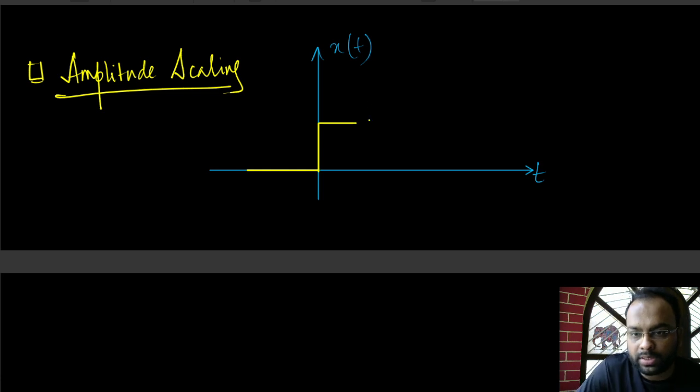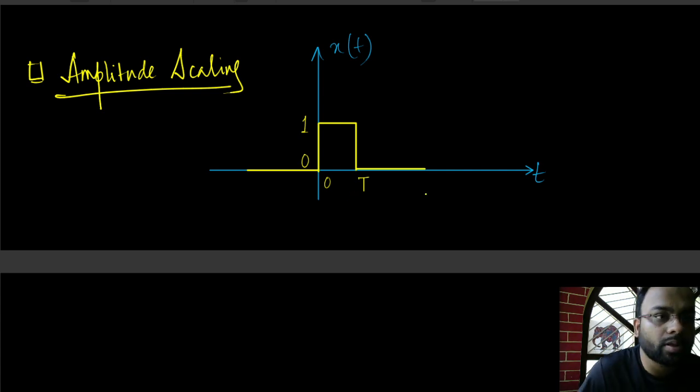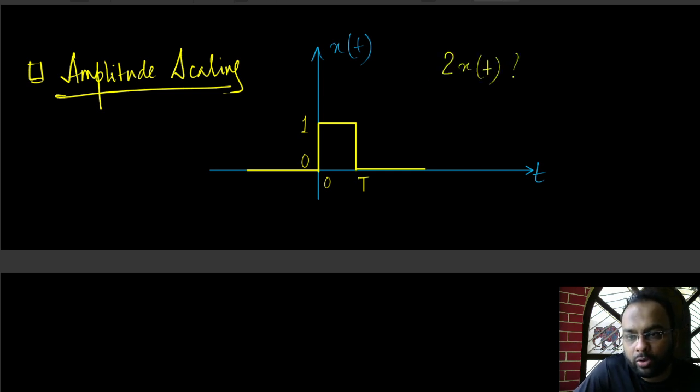Let me draw a very simple pulse, the easiest thing to understand. Say we have a very simple aperiodic signal, and this signal has a max amplitude of 1. So this is x(t). Pretty quickly, what would be 2x(t)? If this is x(t), what is 2x(t) then?